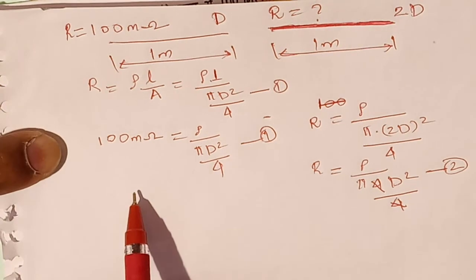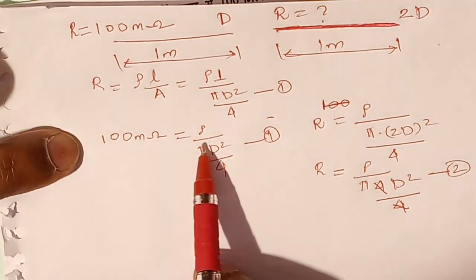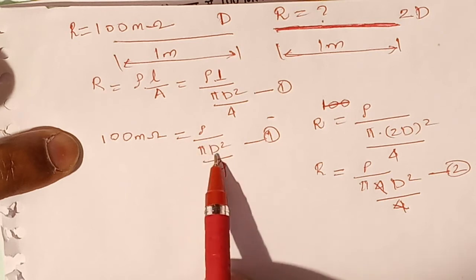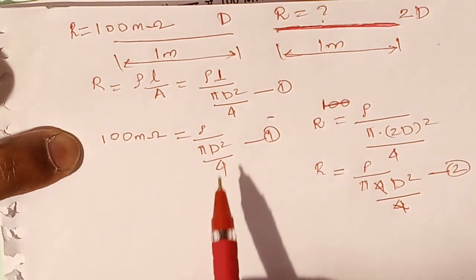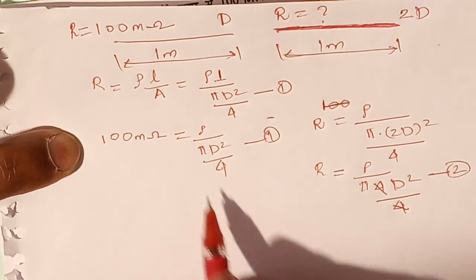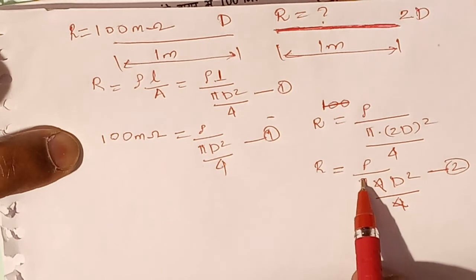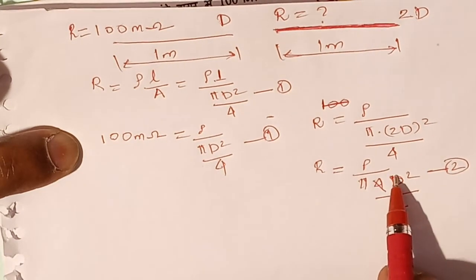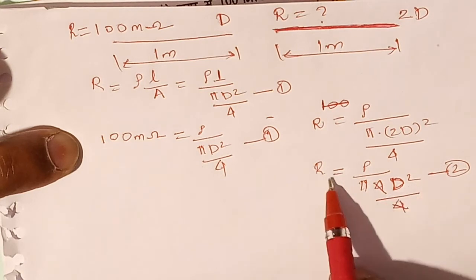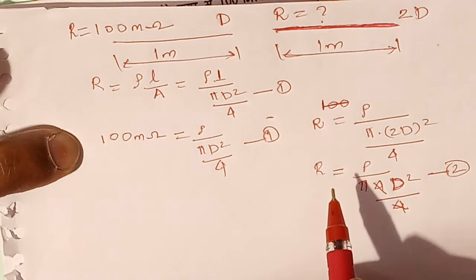Now if we compare these two equations, here is our denominator, pi d square divided by 4, for the first equation. In the second equation, the denominator is increased by 4 times. If the denominator increases 4 times, that means the resistance decreases by 4 times.